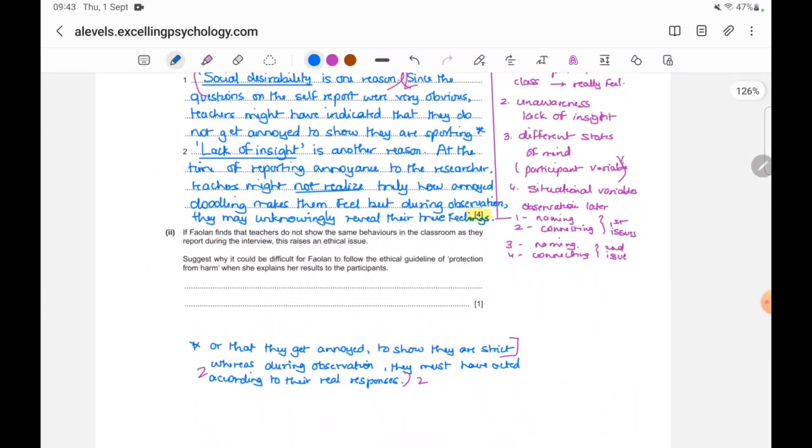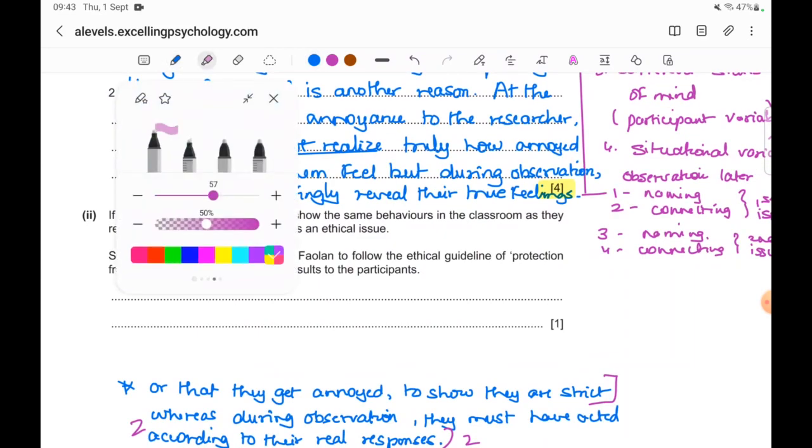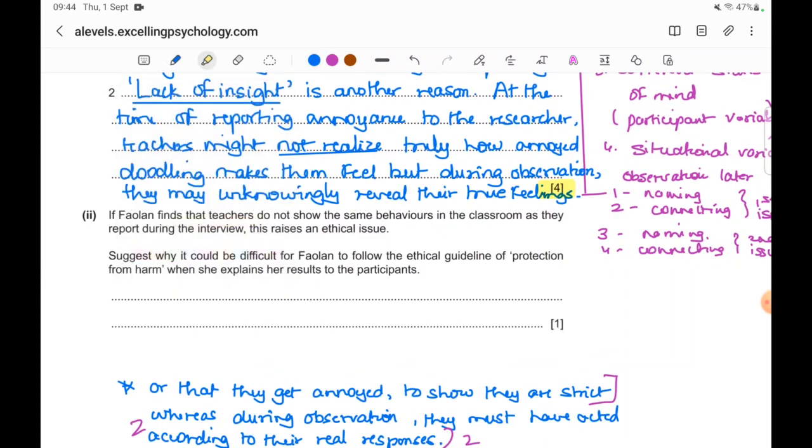Okay, there's one more question here. If the researcher finds that teachers do not show the same behaviors in the classroom as they report during the interview, this raises an ethical issue. Suggest why it would be difficult for her to follow the ethical guideline of protection from harm when she explains her results to the participants. When do we explain results to participants? At the time of debriefing, right?